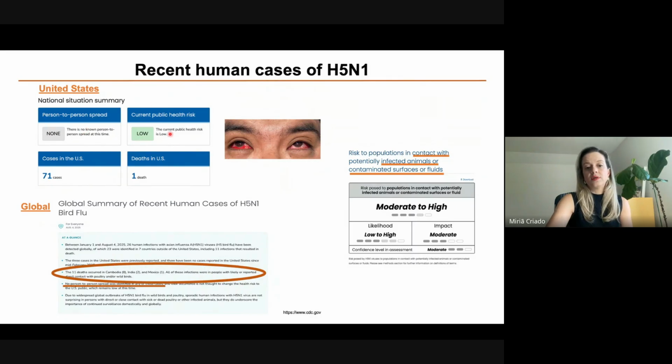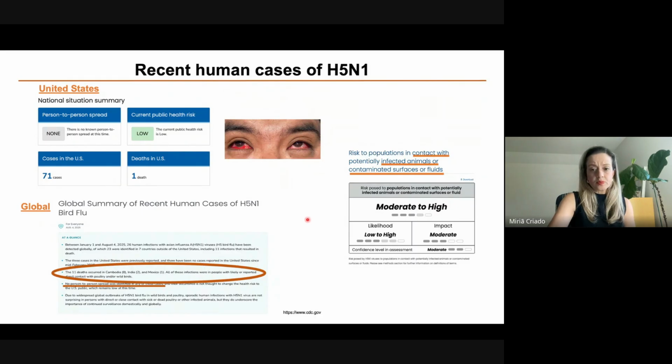They still consider the public health risk here to be really low, and only 71 cases of humans positive for this H5N1 were reported to the CDC, and only one death was associated with this new H5N1. Most cases among workers who are dealing with these animals had conjunctivitis, as you can see here in this picture.